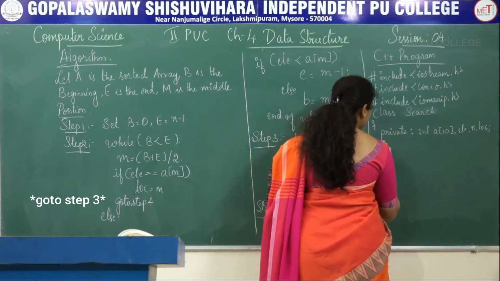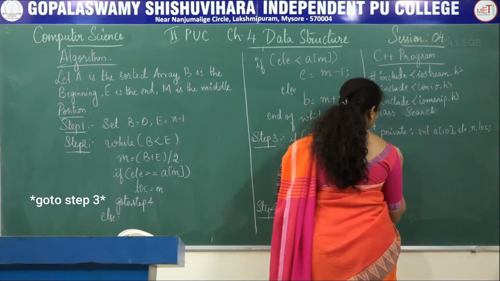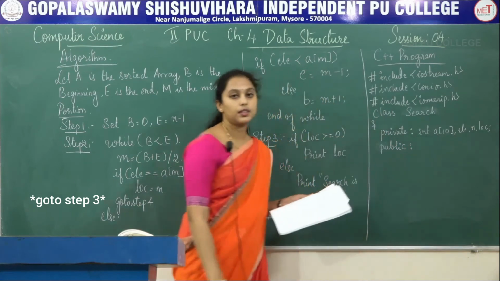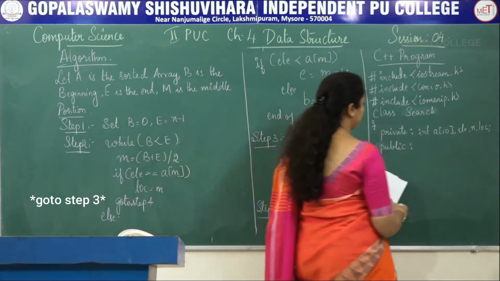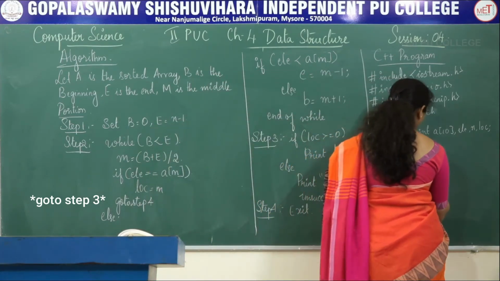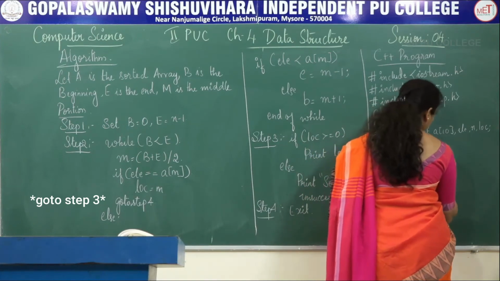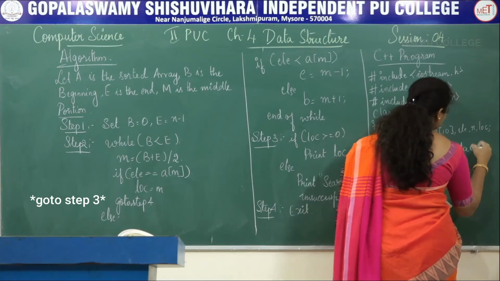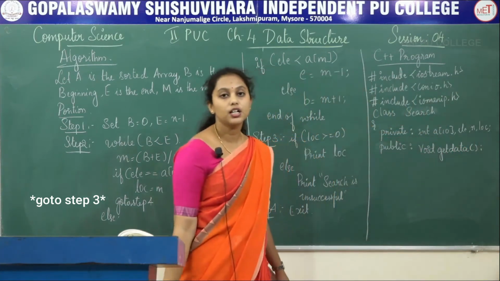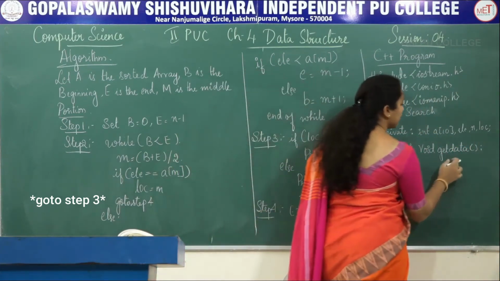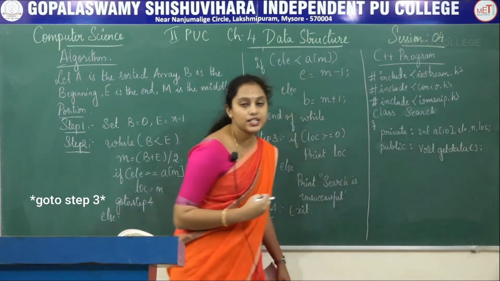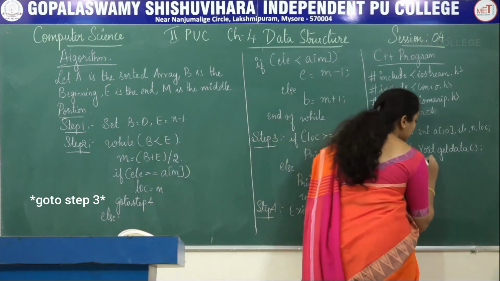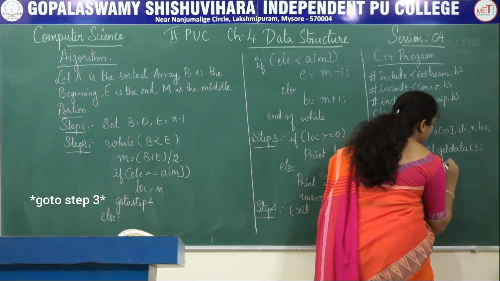In the public section, declare the functions. Void get data. The get data function is used to accept the data from the user. Next is void put data.